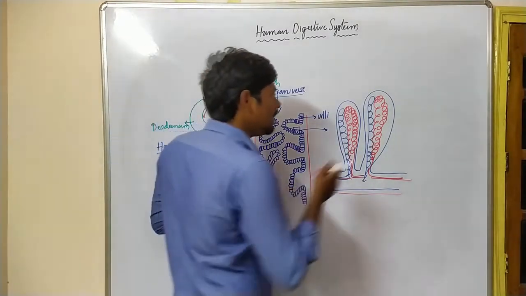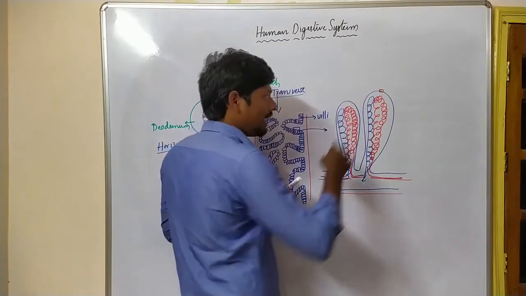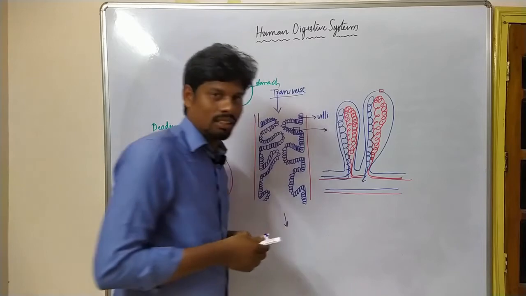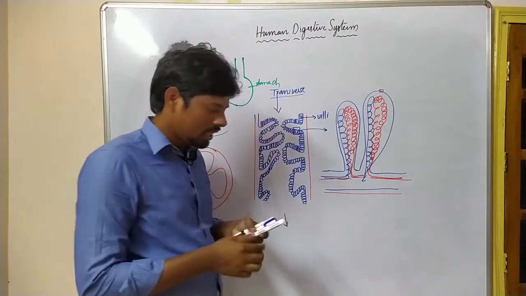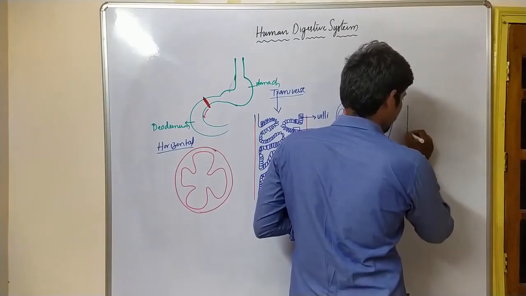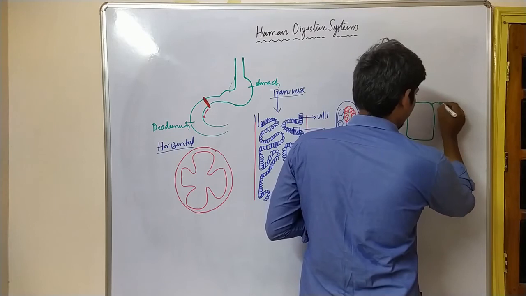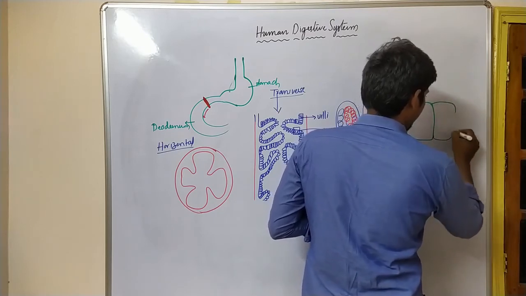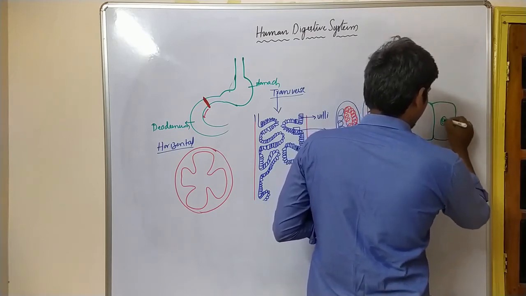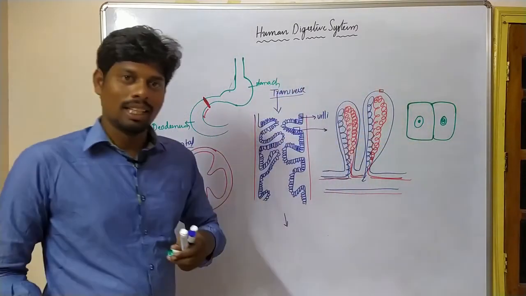If you see this part, again this part contains cells, they are called columnar cells.